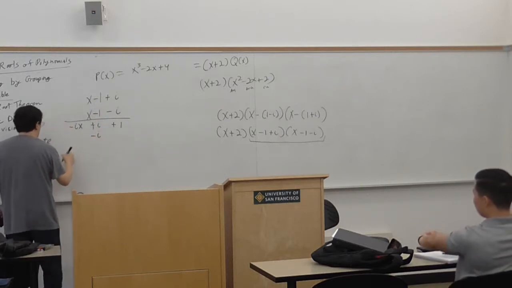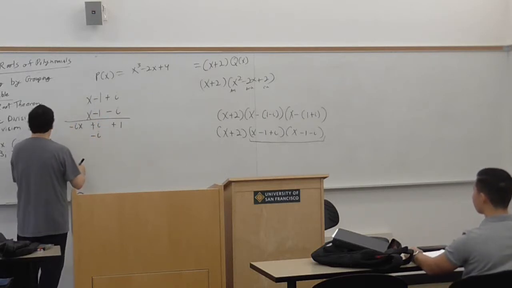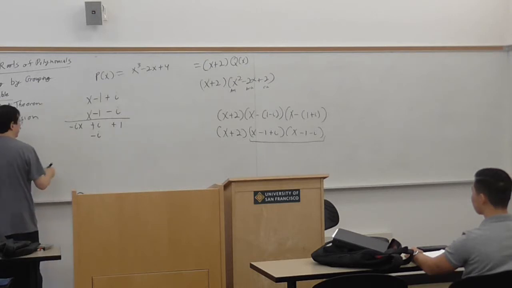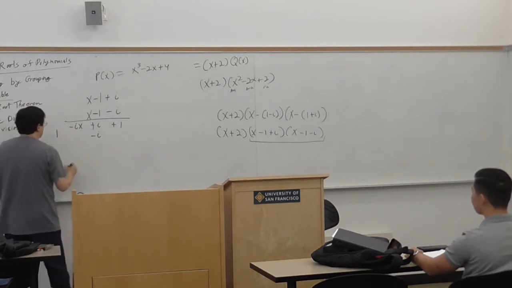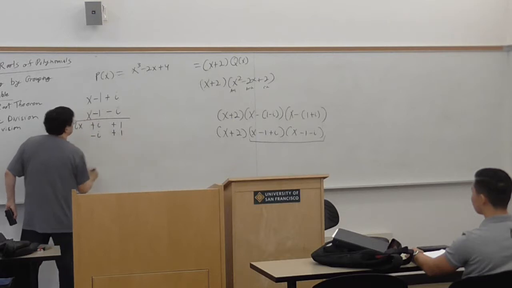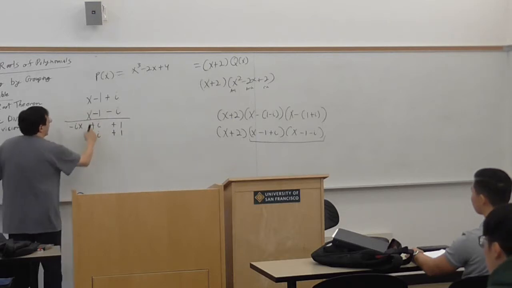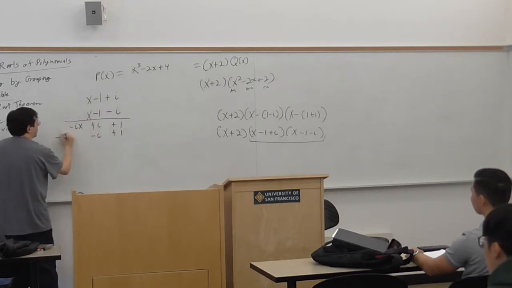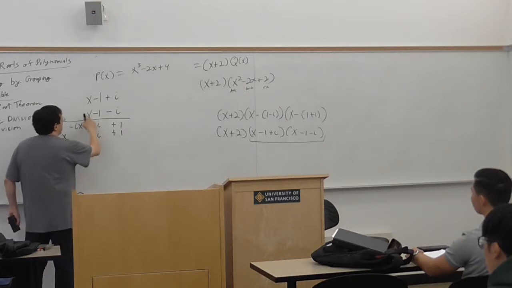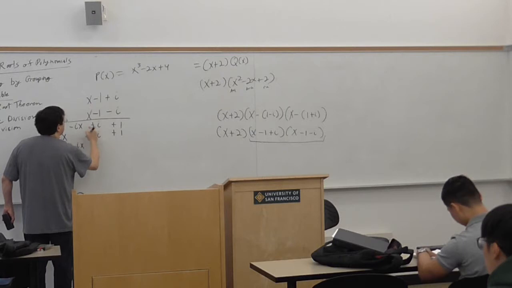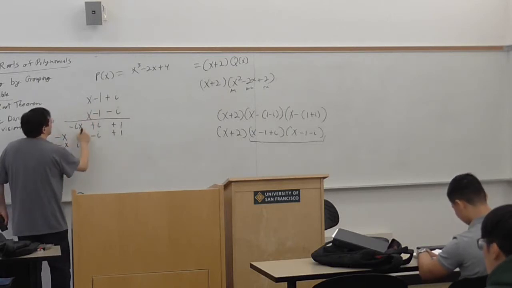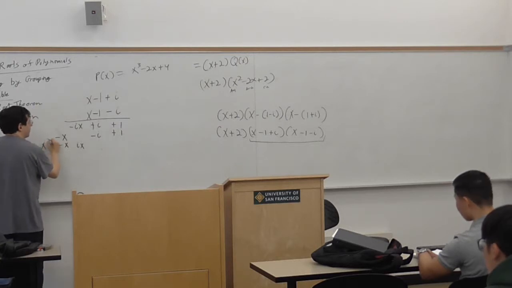Minus 1 times minus 1, running out of room here, that's a 1. And minus x. And then finally, x times i, ix, negative x, x squared.